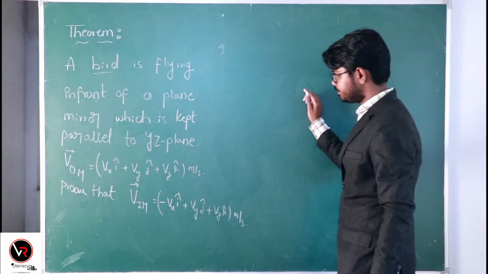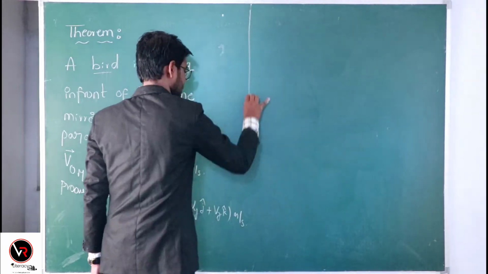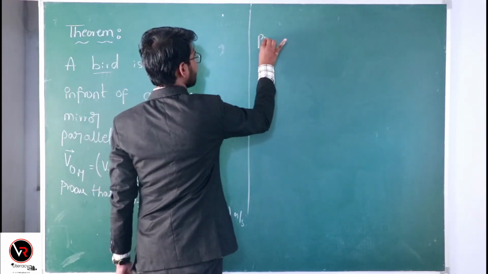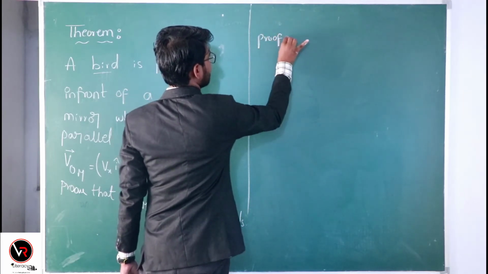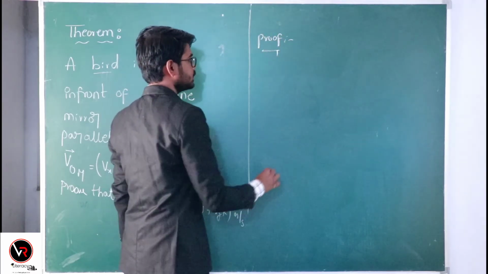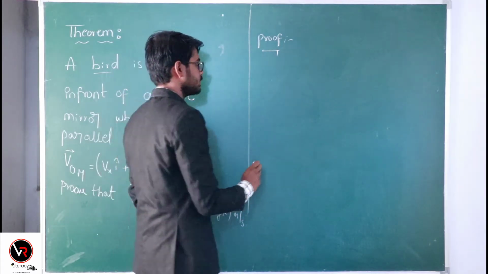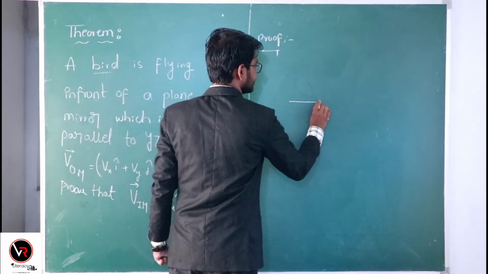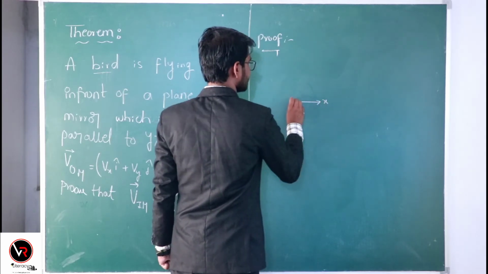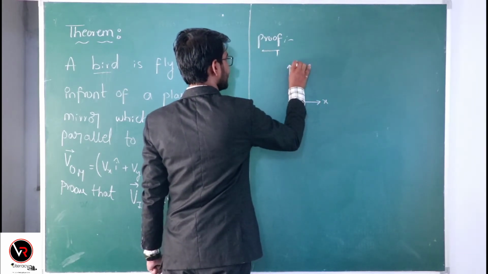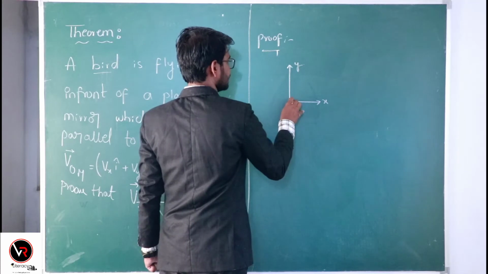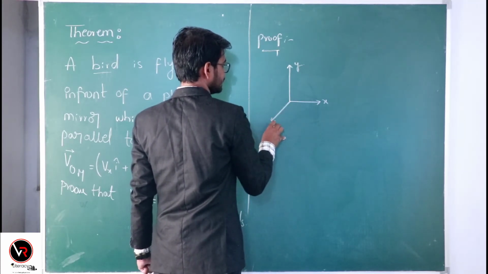So first, proof. Consider the Cartesian coordinate system, that is the XYZ coordinate system. This is the X axis, this is the Y axis, and this is the Z axis.